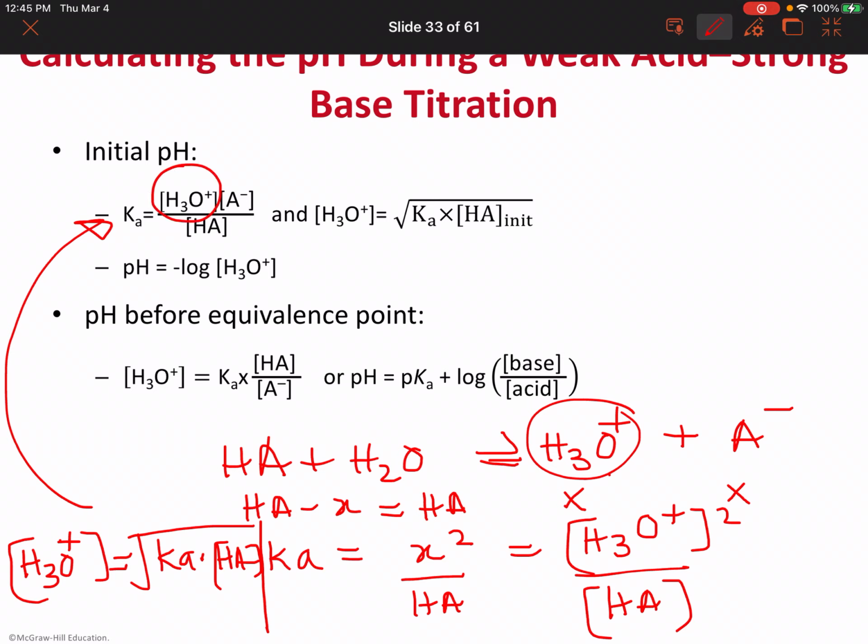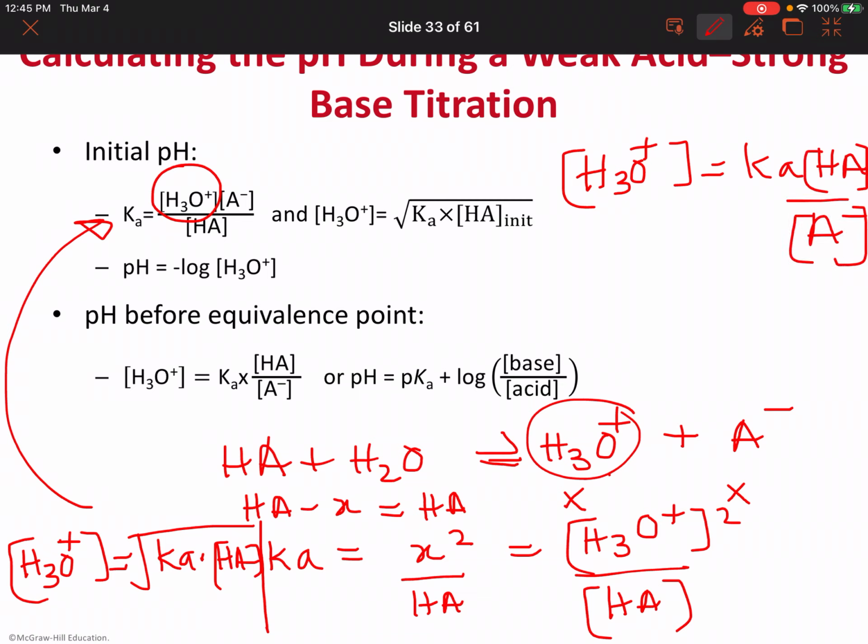So the hydronium ion is going to be Ka times the concentration of HA over A minus. And then if you convert it to the Henderson-Hasselbalch equation, taking the log of both sides, pH equals pKa plus log base over acid.